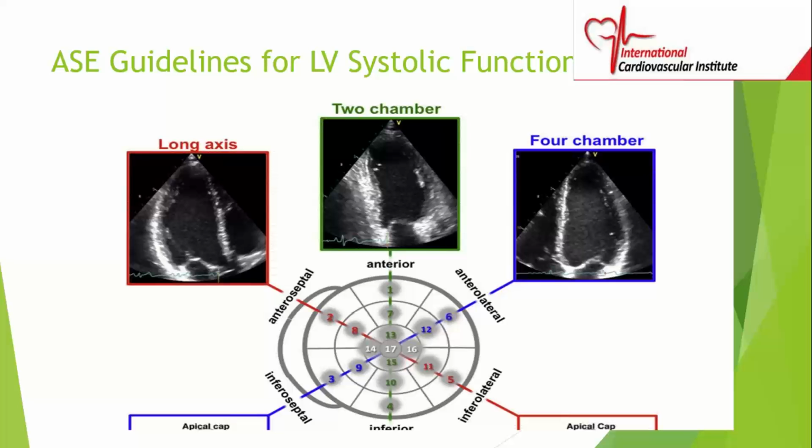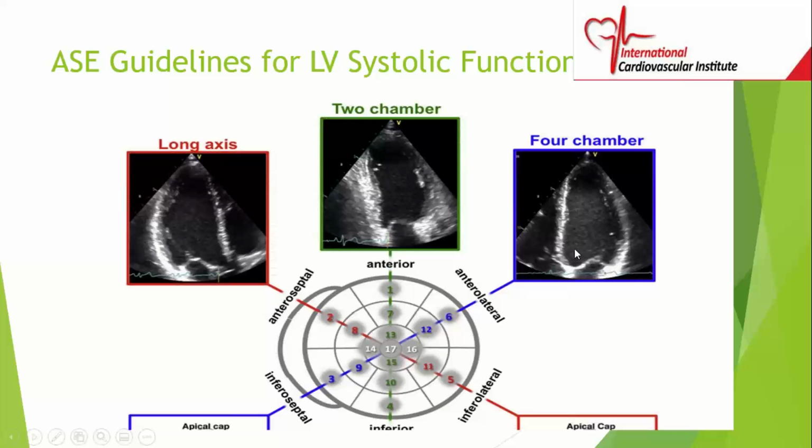Now, to give you somewhat better insight into regional wall motion and the different views of the heart, this is our polar plot down below, okay? And of course, we talk about the anterior, the inferior, the anterior septum, the inferior septum. Let's do a 4-chamber view first.